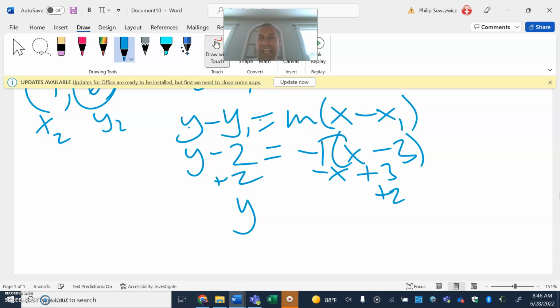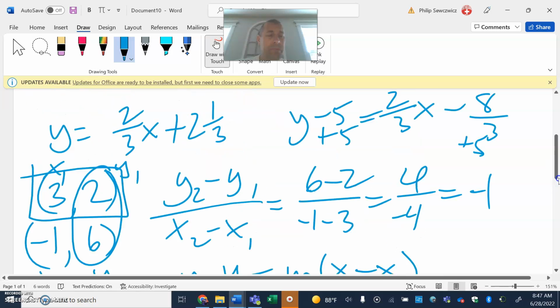You guys have been doing this long enough that it's not as clean and organized, but I'm definitely showing what's going on to both sides. So 3 plus 2 is a 5. Negative x plus 5. There we go. There would be my equation. Again, they might hide it on you a little bit, and then you're ready to go.